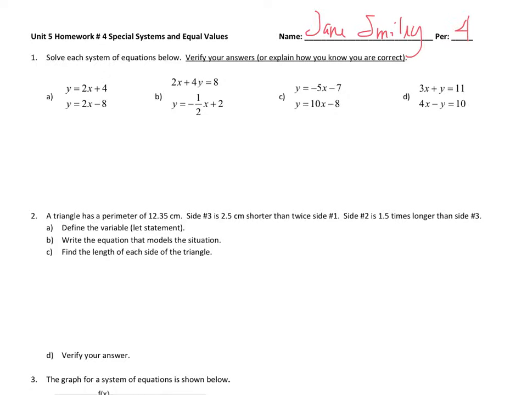Alright, number 1 says, solve each system of equations below and then verify your answers to explain how you know they are correct. The first one says y equals 2x plus 4, and the second one says y equals 2x minus 8. Well, if I set this up as an equal values problem, 2x plus 4 equals 2x minus 8.